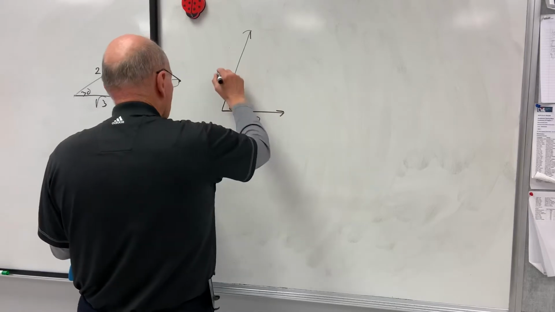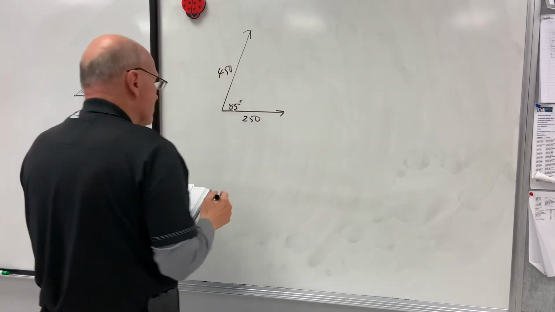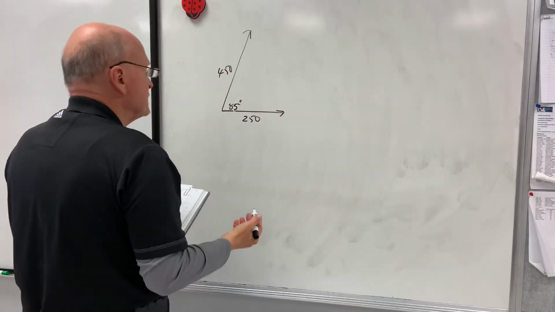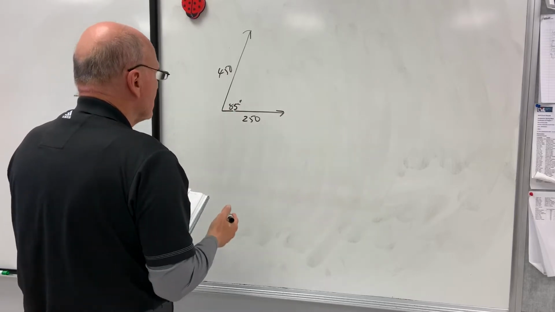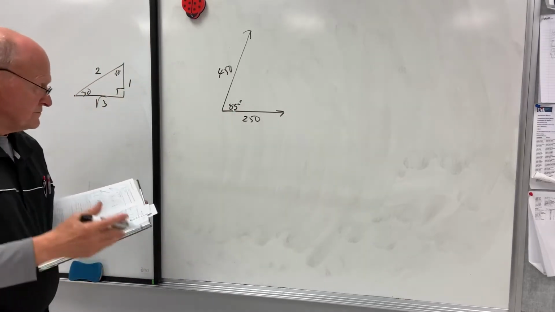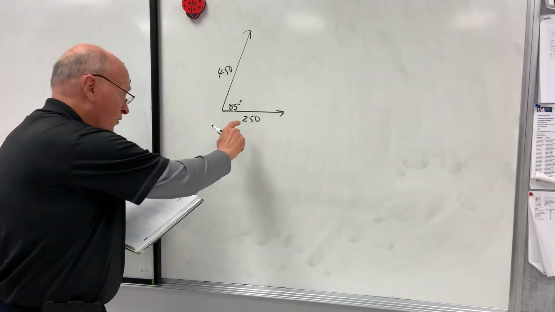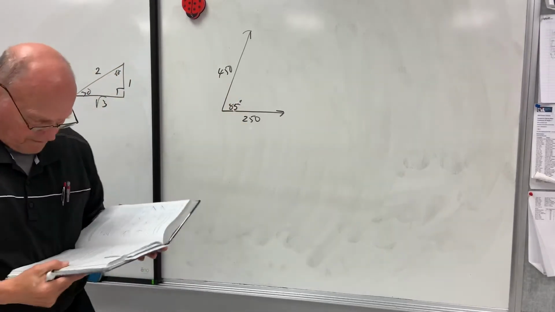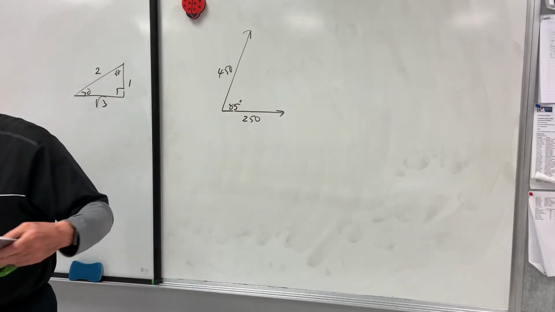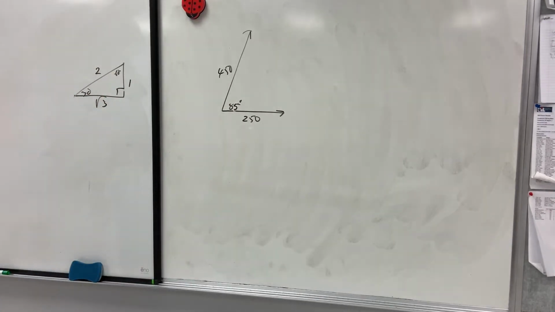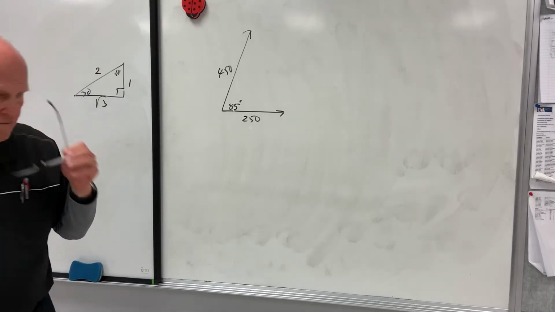And it has a magnitude of 450 newtons. Now, newton is a measure of force, so we're not all that concerned with the units that it's being measured in. We're worried about the 250 and the 450. It asks us to find the magnitude of the resultant vector.